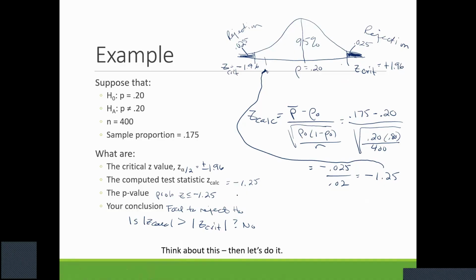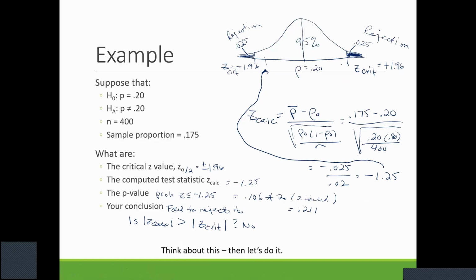So the probability is equal to 0.106, but because this is a two-tailed test, meaning we were willing to look in either direction, we have to multiply that by 2, and that gives us 0.211 when we double that.